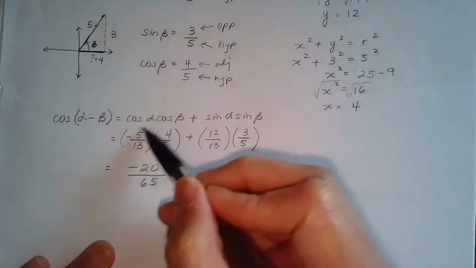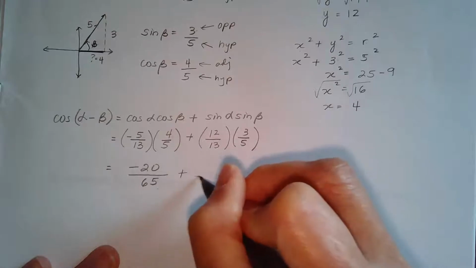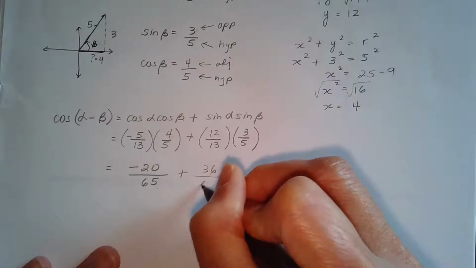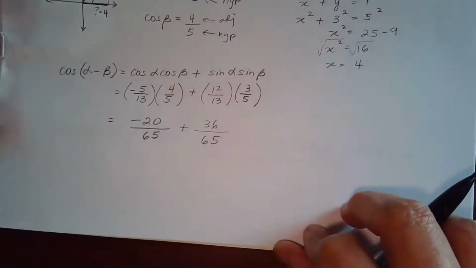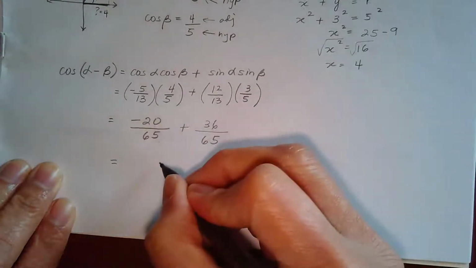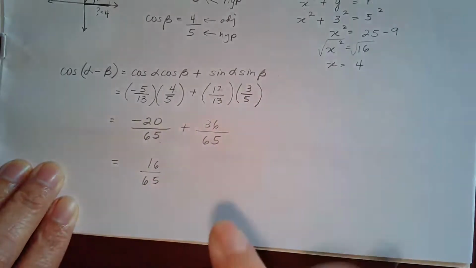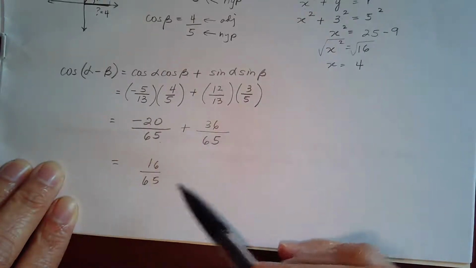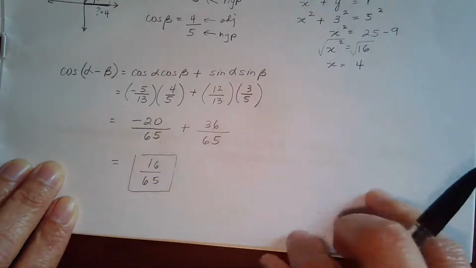Okay, so this simplifies to negative 20 over 65 plus 12 times 3 is 36 over 65. So that's going to be 16 over 65. Okay, and we can just leave it like that.